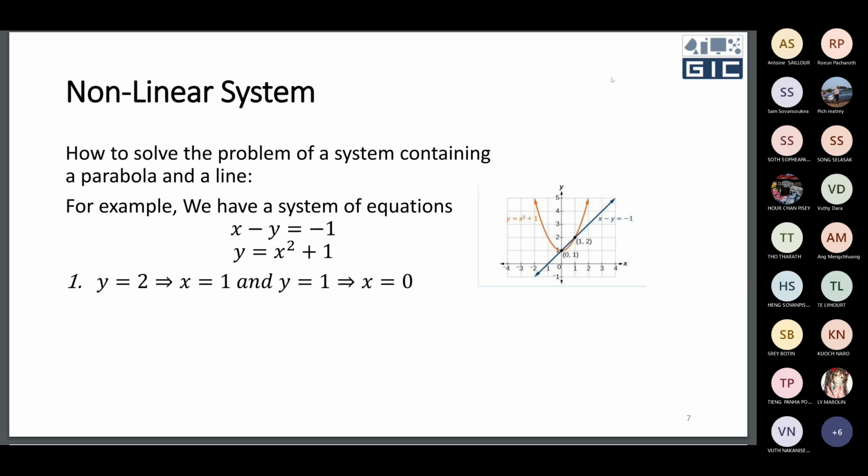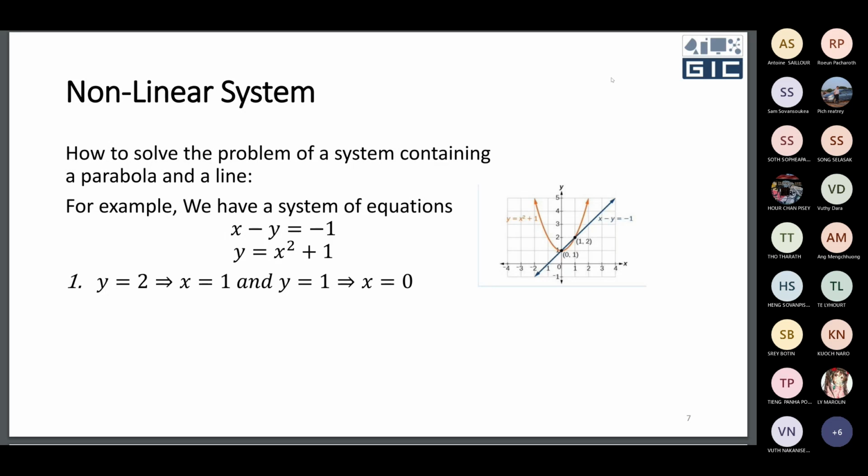For example, to construct a parabola, you can find the minimum or maximum point by using the derivative and making it equal to 0. After that, you give some specific values to construct the parabola. But in this case, if you can find specific intersection solutions between the line and the parabola, it's easy for you to construct them.